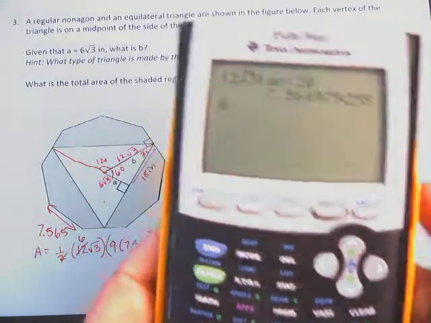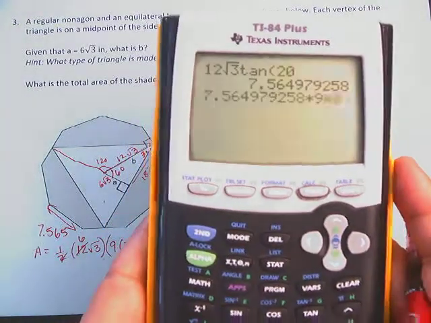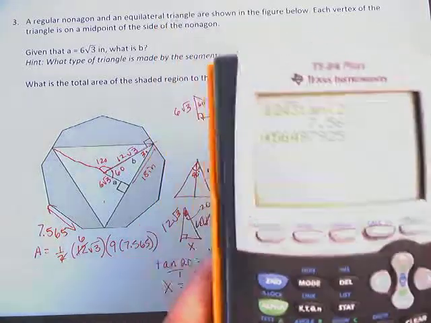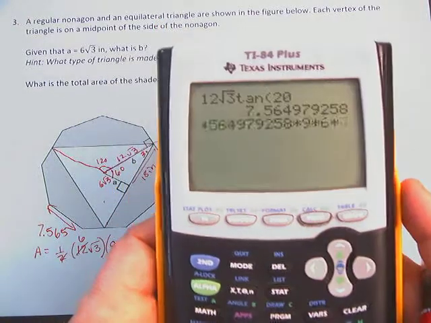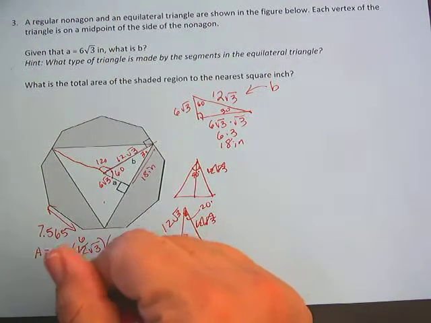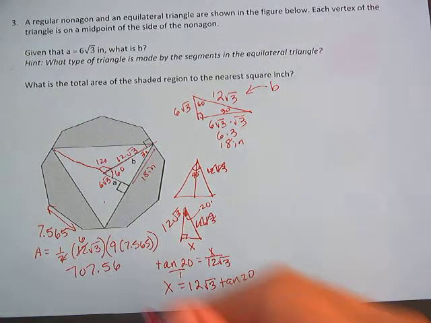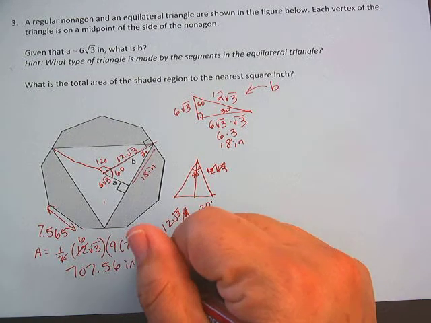So I'm going to take this number times 9 times 6 times square root of 3, and we get 707.56. 5 digits, that's plenty, and that would be in square inches.